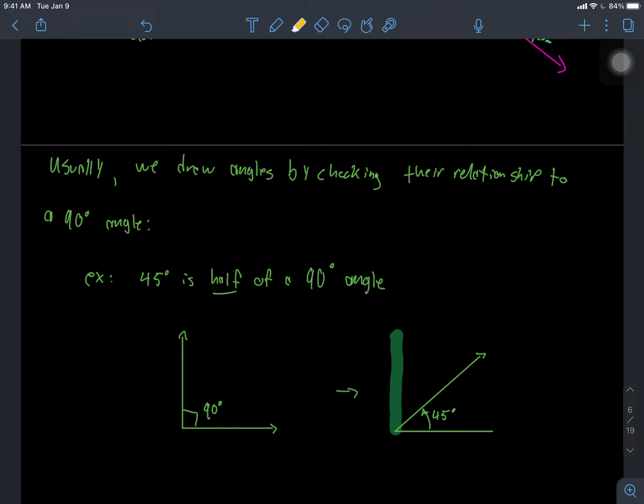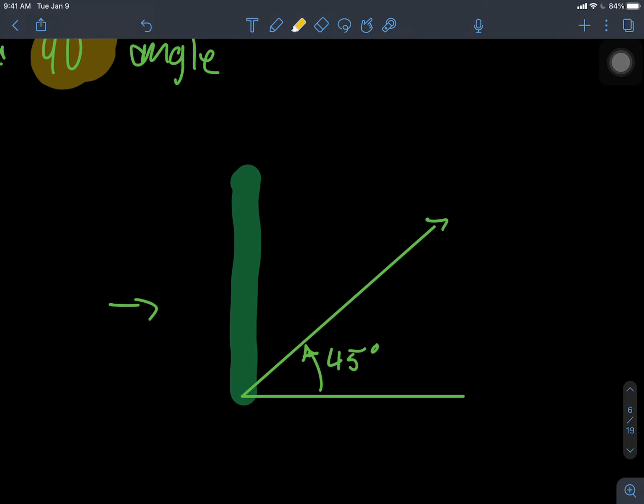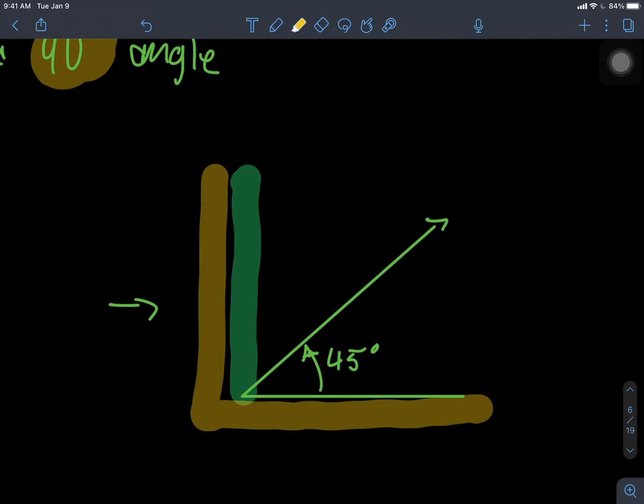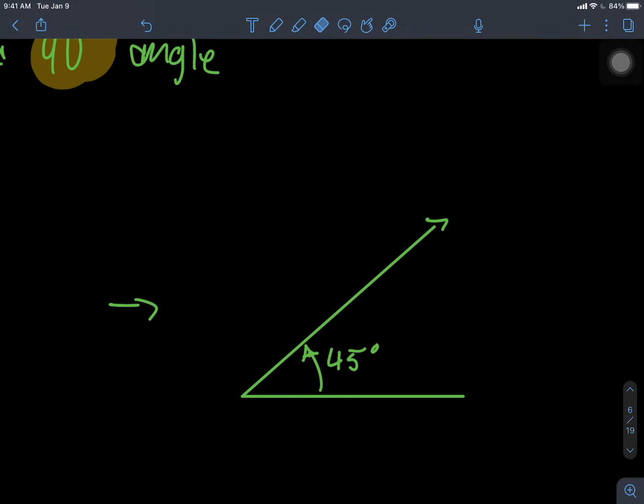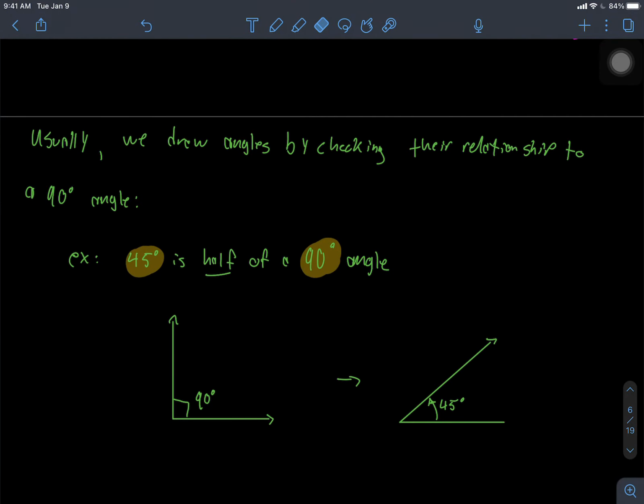So if I want to draw 45 degrees, I just consider 45 as half of 90, and then I draw a 90-degree angle like I've drawn here in yellow. Then I consider what an angle would look like if it had half of that measure. So I just divide it in two like this, and that's how I would draw a 45-degree angle. And likewise, 30 degrees is 1/3 of a 90-degree angle, and 60 degrees is like 2/3 of a 90-degree angle.